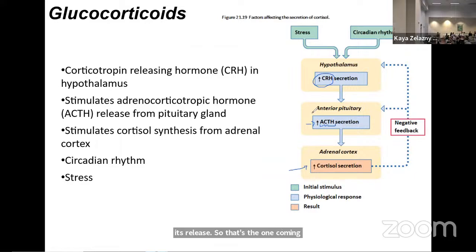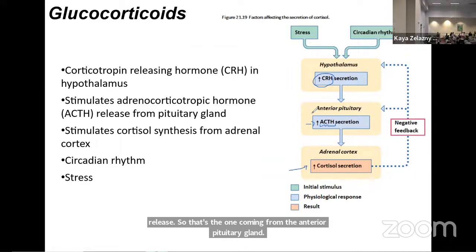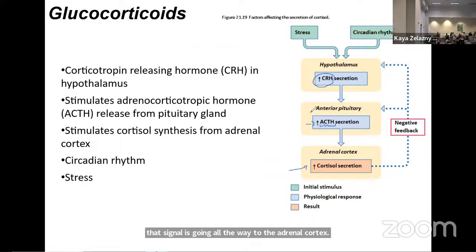And that signal is going all the way to the adrenal cortex, telling your adrenal cortex to release this cortisol that then should be going back and turning off these two earlier signals. So we hopefully don't have runaway constant cortisol secretion, right? We don't want this to be in a constant positive feedback loop. We do want to turn this off at the end. Okay. So this is our pathway for when we release our cortisol secretion in response to circadian rhythm and stress.